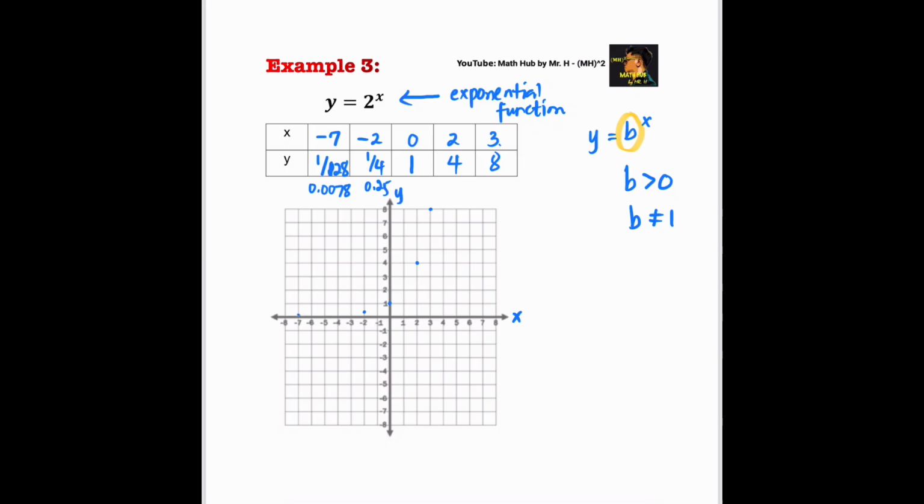Then we connect. There you go. I know it's not a perfect graph, but there. So that is a graph of y equals 2 to the power of x. So again, remember the restrictions for the base. And let's head on to the very last example.